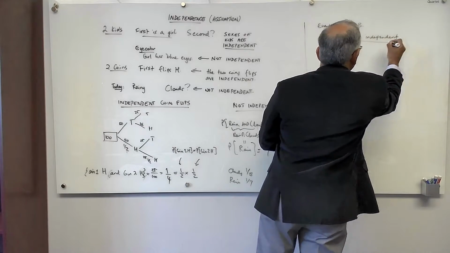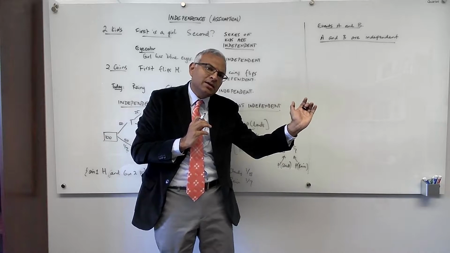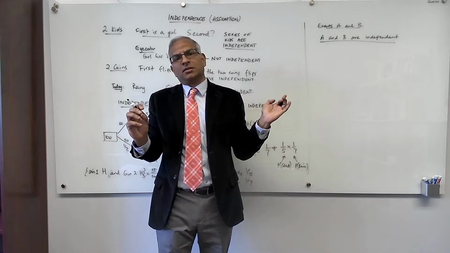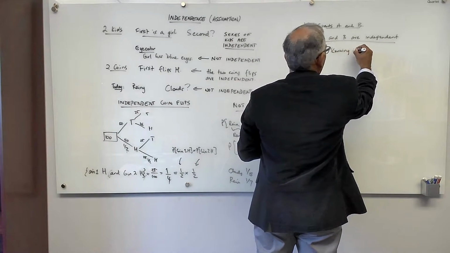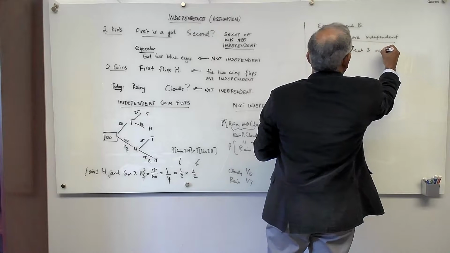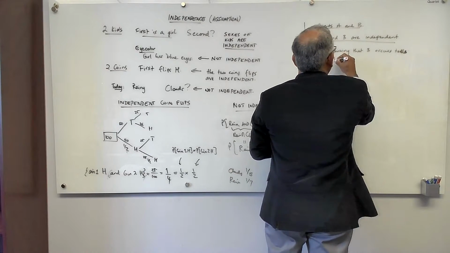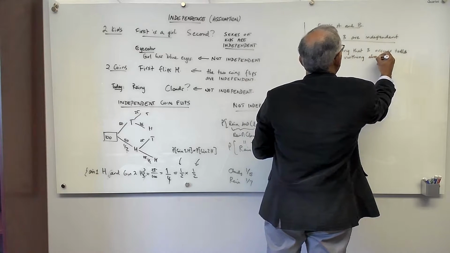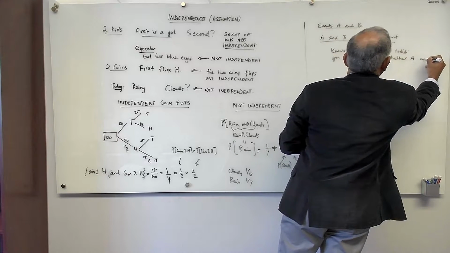Okay, now let's try to pin this down mathematically. If knowing that B occurs tells you nothing about whether or not A occurs.